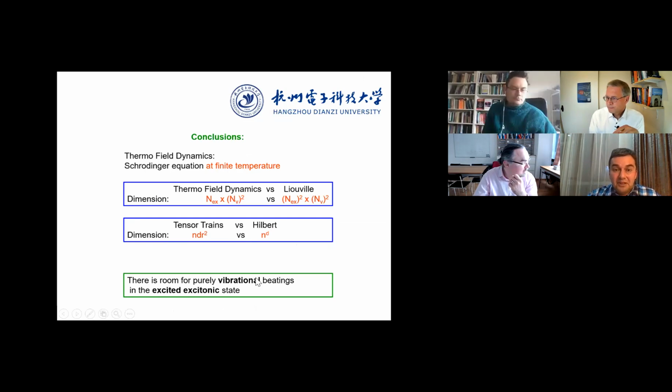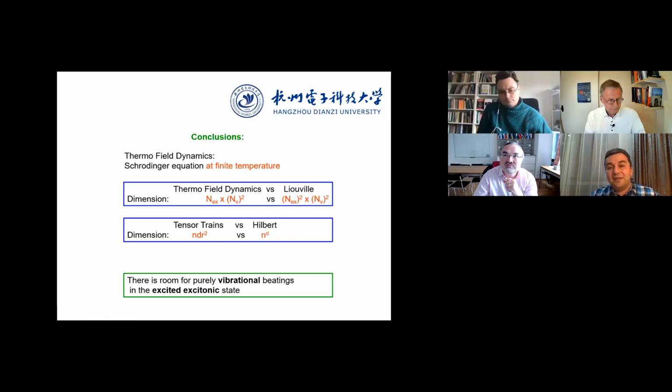And if we talk about FMO or about vibronic dynamics in the excited state, it seems that there is room for purely vibrational dynamics, not only in the excitonic ground state, but also in the excitonic excited state, due to this melting of these electron vibrational eigenstates of the multidimensional system due to static disorder.